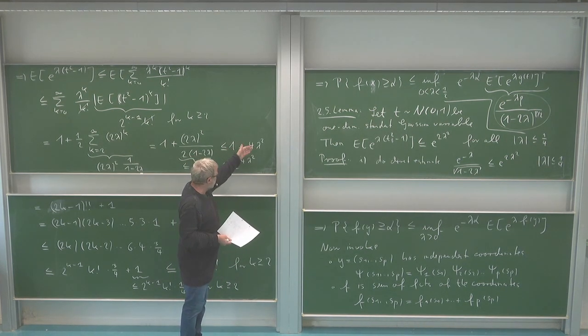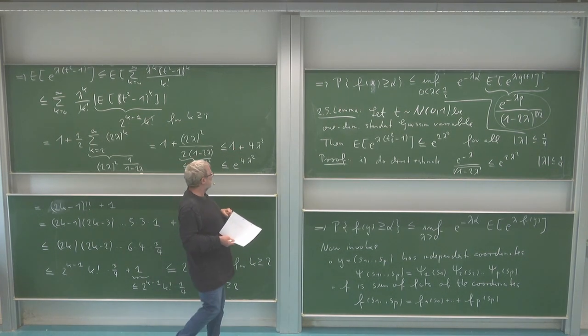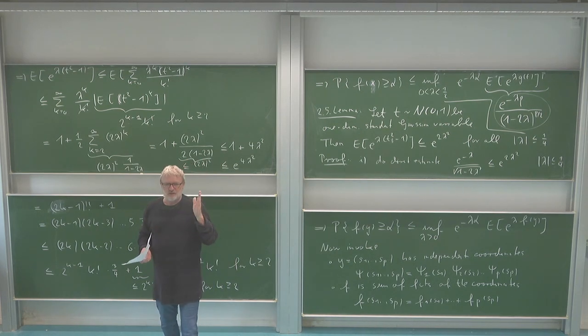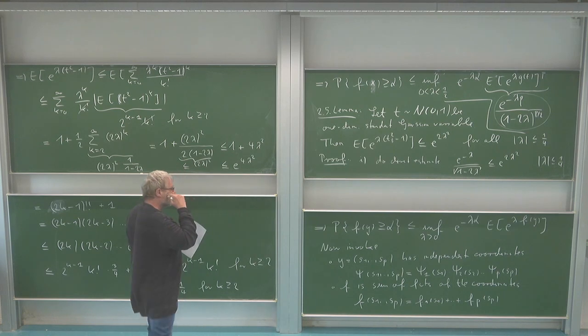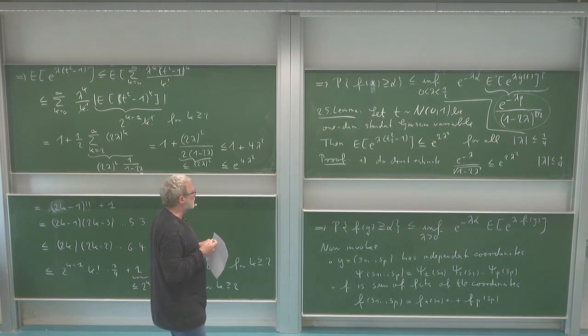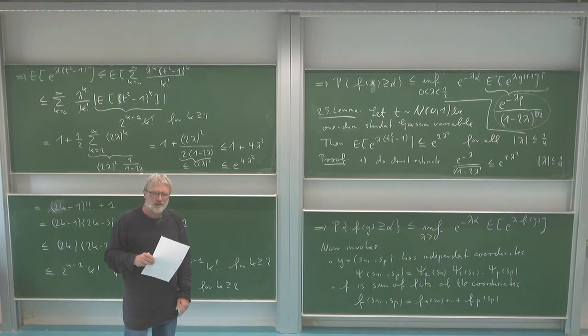So this is 1 plus x, and this is e to the x. And of course, I'm on the positive side. Yeah, 1 plus x is less than e to the x. Okay, but now I have here 4 lambda squared. And in my lemma, I promised you a 2 to the lambda squared. But at the moment, it seems to be a 4.